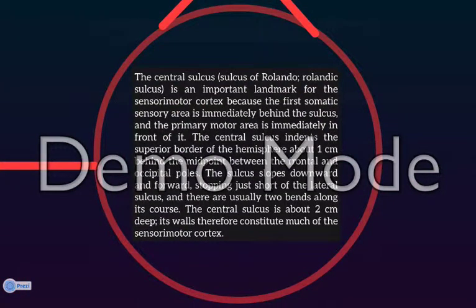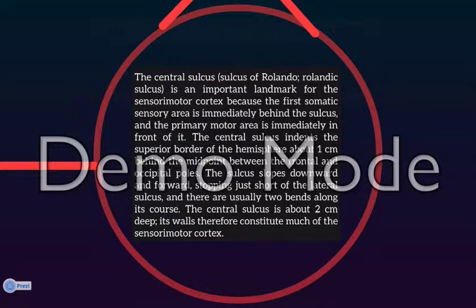The central sulcus, sulcus of Rolando, Rolandic sulcus, is an important landmark for the sensorimotor cortex because the first somatic sensory area is immediately behind the sulcus, and the primary motor area is immediately in front of it. The central sulcus indents the superior border of the hemisphere about 1 cm behind the midpoint between the frontal and occipital poles.